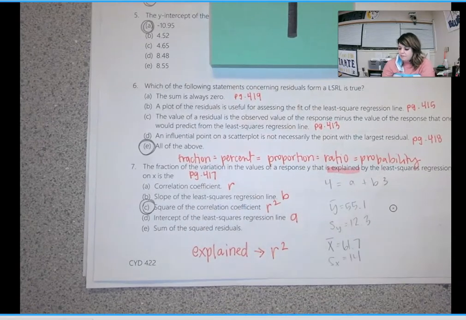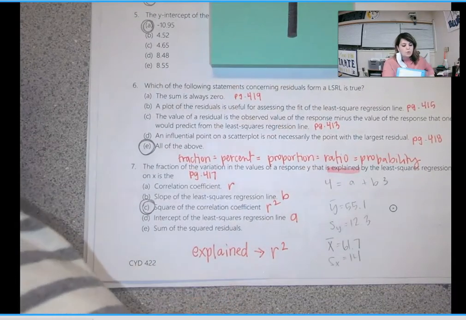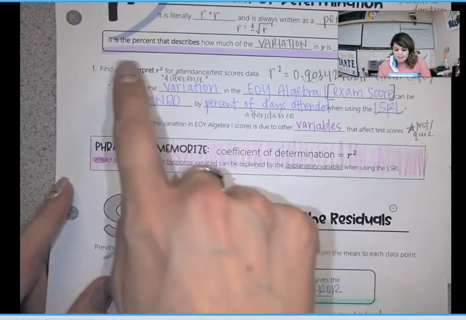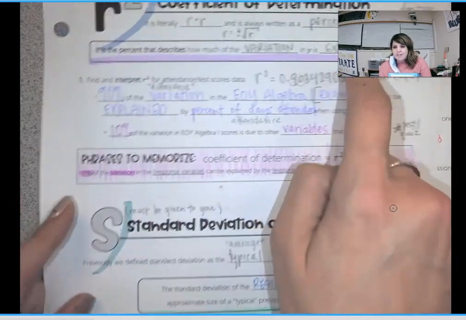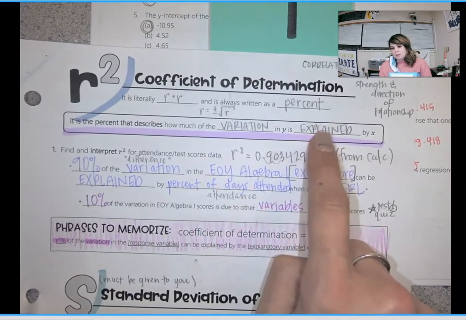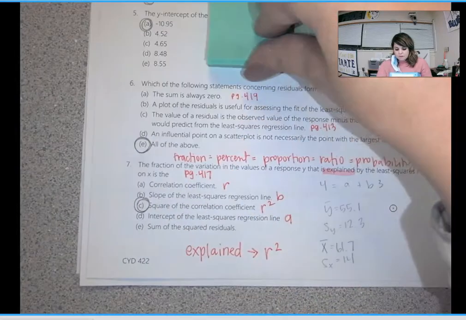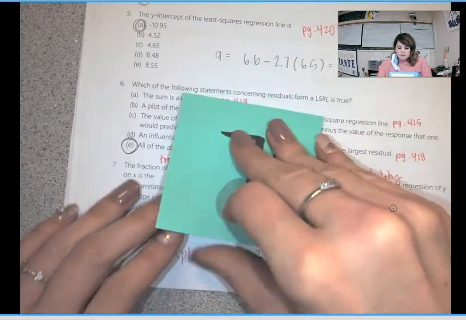This is the definition. If we go back to page 417, we can see that r squared is defined as the amount of variation that is explained by x. It's that word explained that should lead you to conclude it's r squared. Okay, cruising.